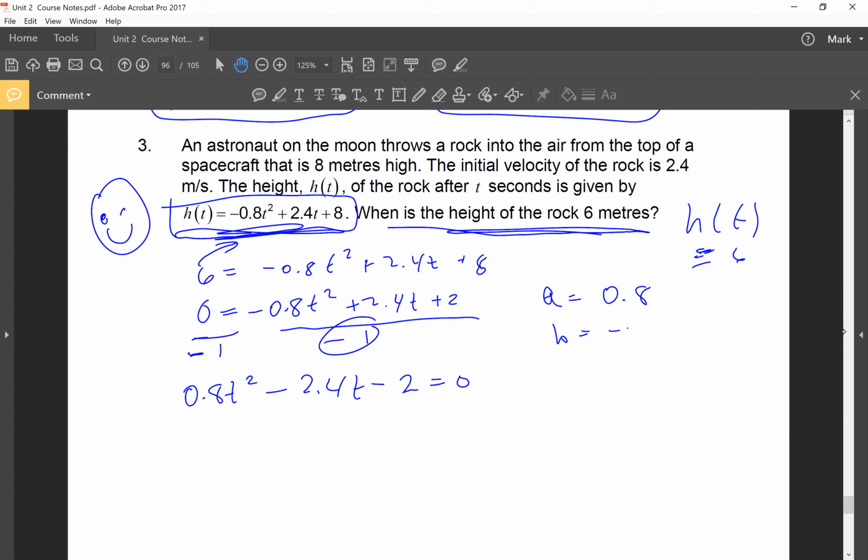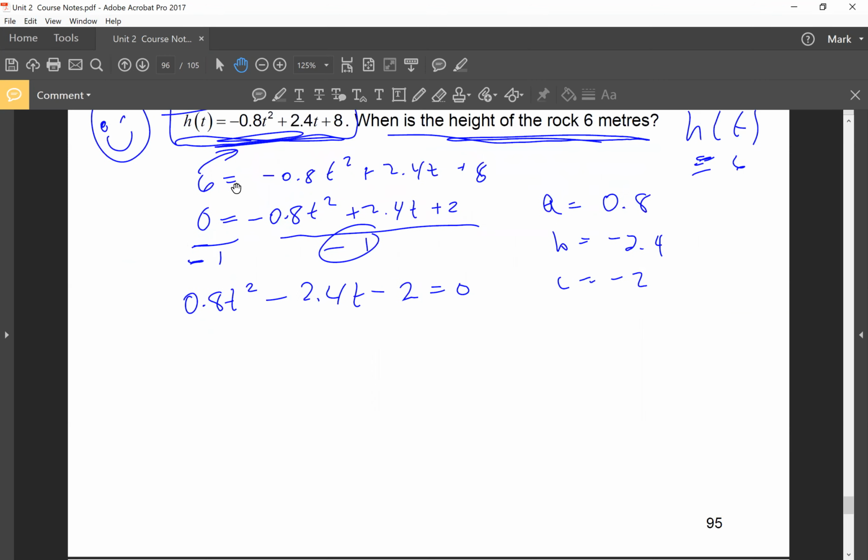But A is 0.8, B is -2.4, and C is -2. So I'm going to put this into my equation. x equals negative b plus or minus the square root of b squared minus 4ac over 2a. I won't skip any steps there.